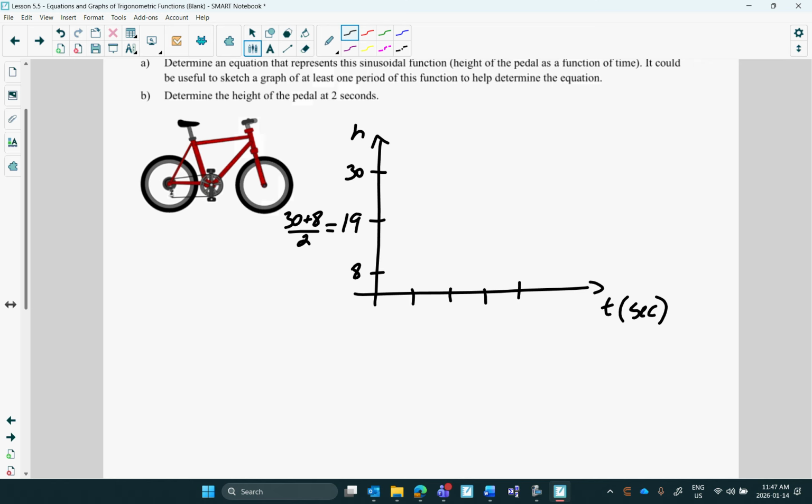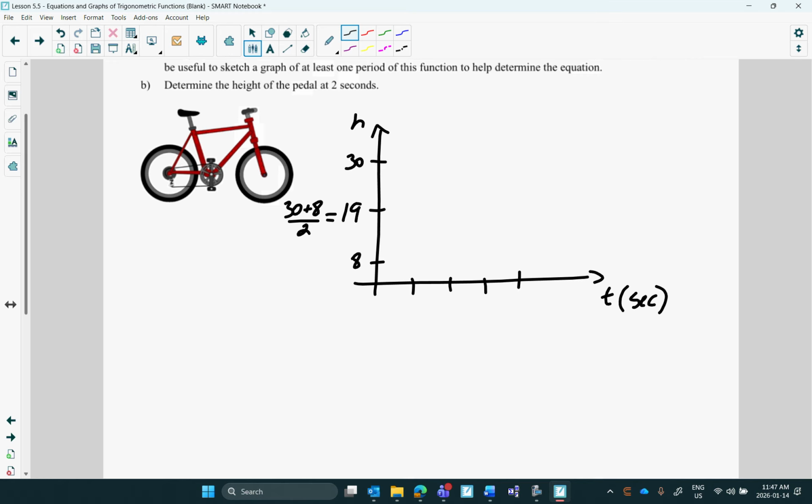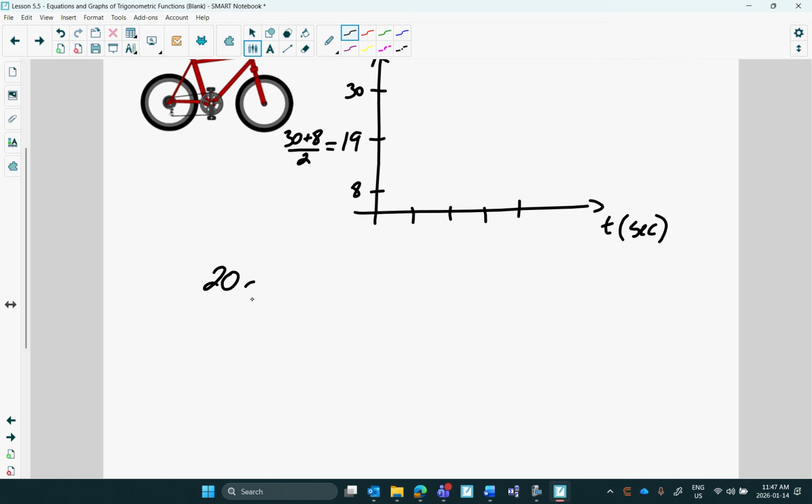So if it completes 20 cycles in 60 seconds, how long does it take to complete one? 20 cycles in 60 seconds is one cycle in 3. How did you get 3? 60 divided by 20.